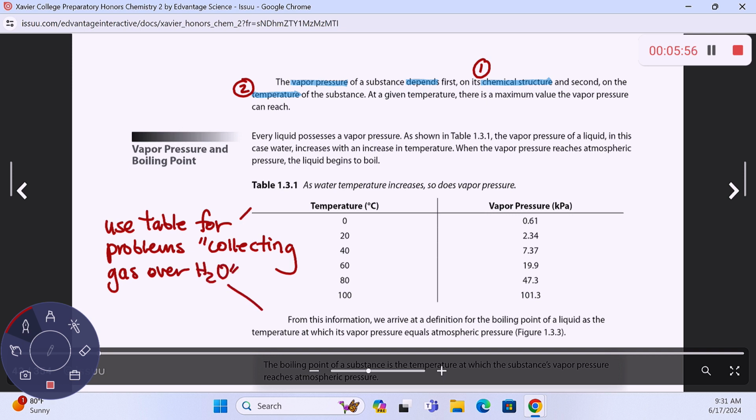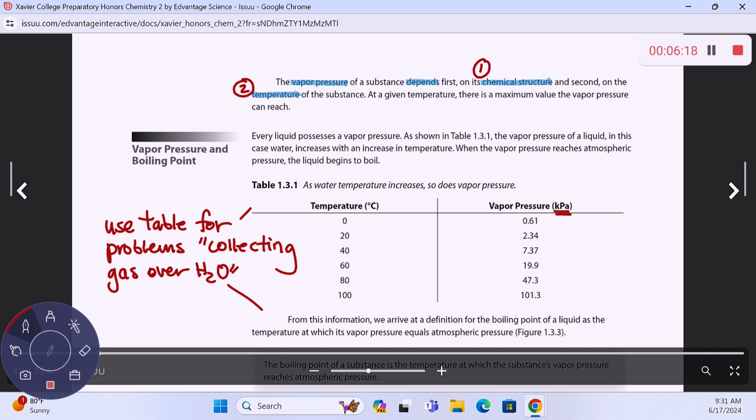So what they'll do is in the problem, they'll mention what temperature you're at. They won't necessarily give you the vapor pressure of water at that temperature. They'll assume that you know that you need to look here in this table to get that value. The only thing you need to watch out for is make sure you look at the unit here, make sure that that unit matches the unit in the problem. Otherwise, you'll have to convert it, okay?